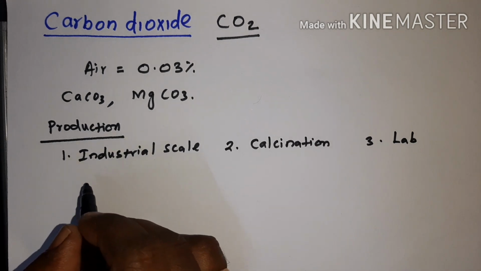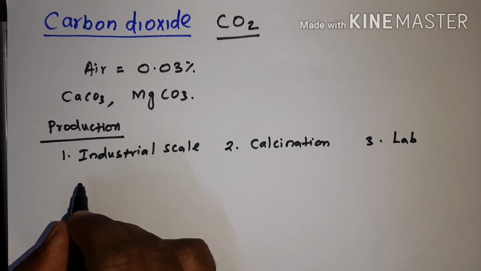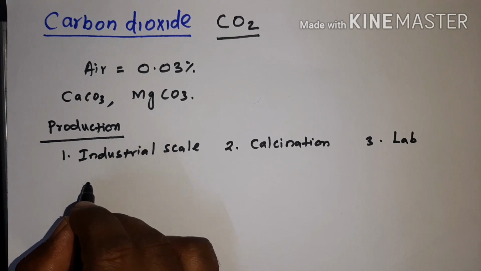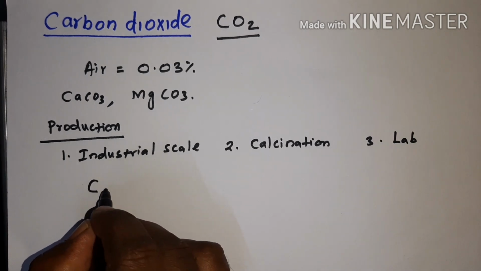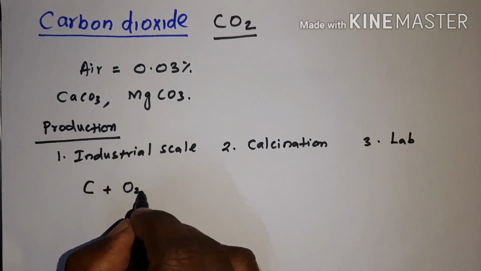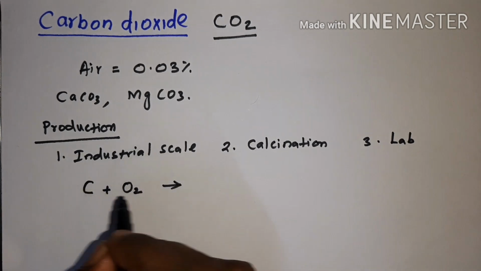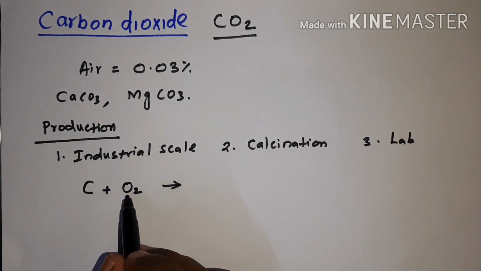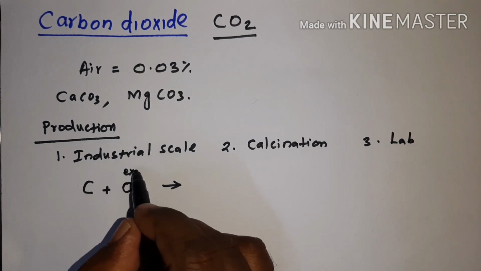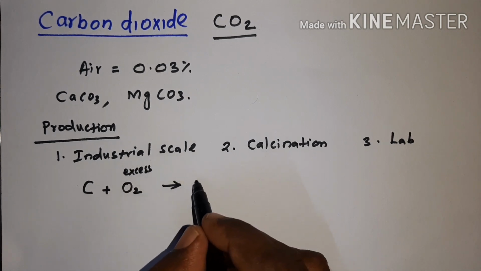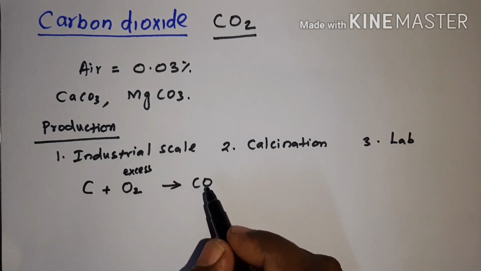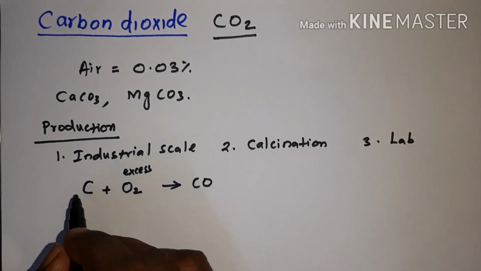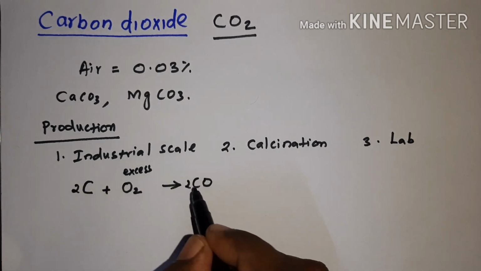In industrial scale, carbon dioxide is prepared by the burning of coke, that is carbon, plus excess of air. So first we get carbon monoxide: 2C plus O2 gives 2CO.